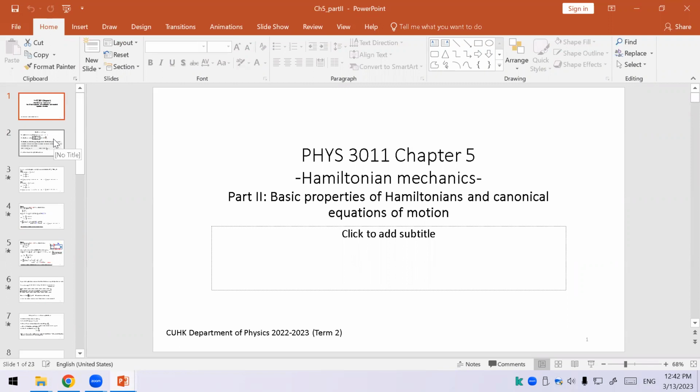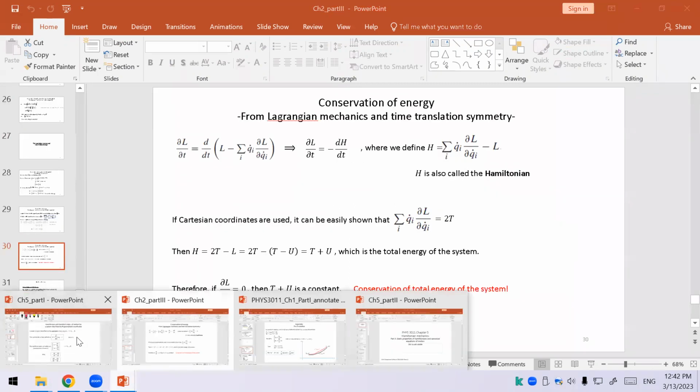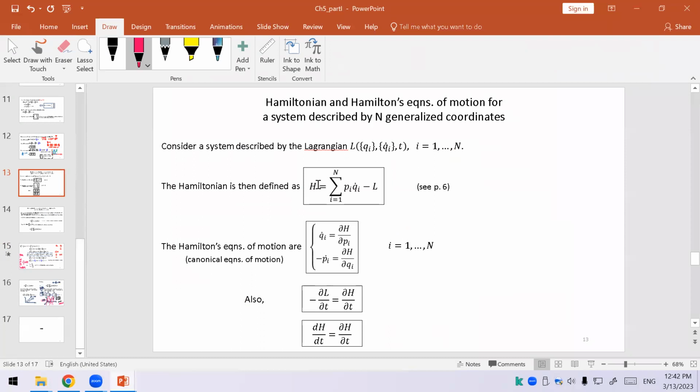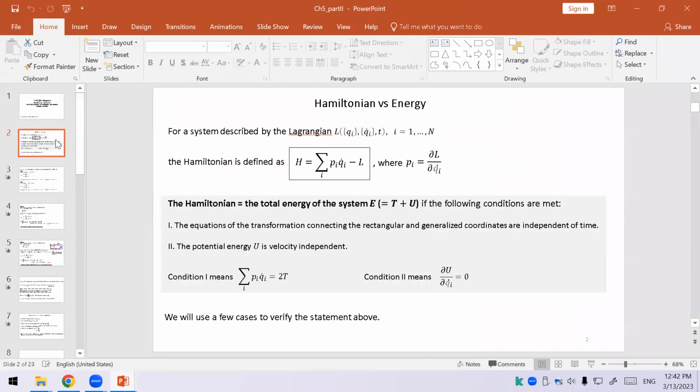Although I told you multiple times that this Hamiltonian is in fact the energy, if you just look at the definition of the Hamiltonian here, it might not be so transparent that this is the energy of the system. So this is what we are going to do next: to convince ourselves that, yes, in most cases that we consider, the Hamiltonian is the total energy of the system.